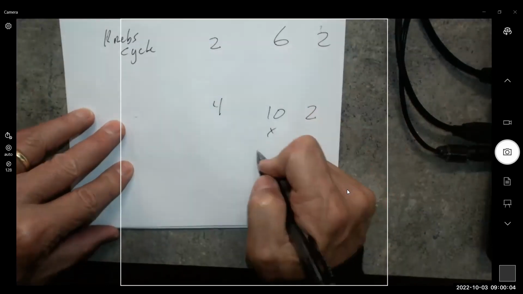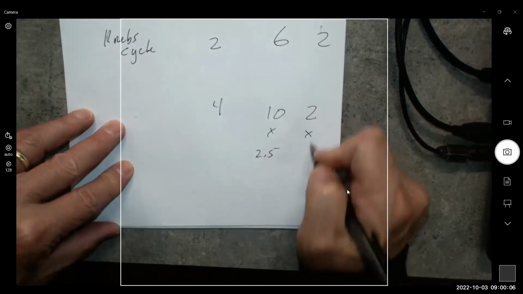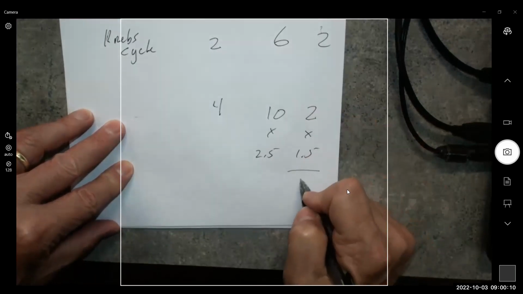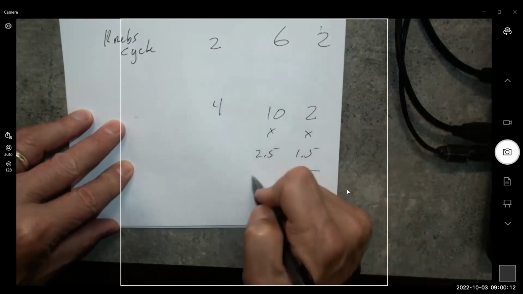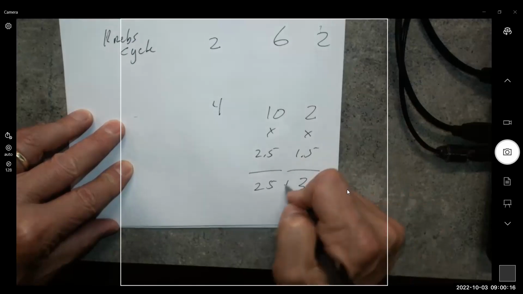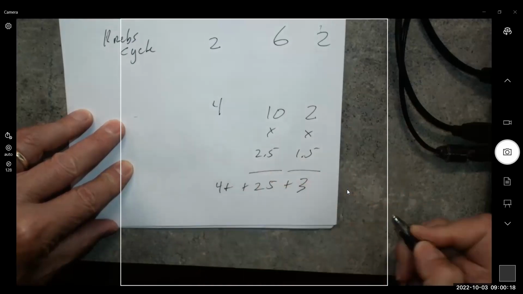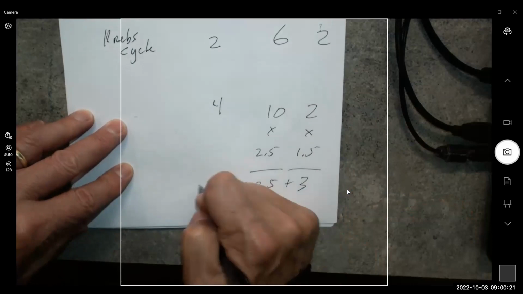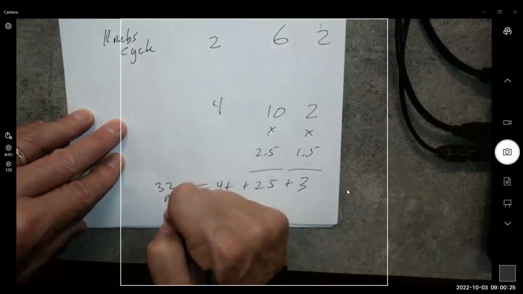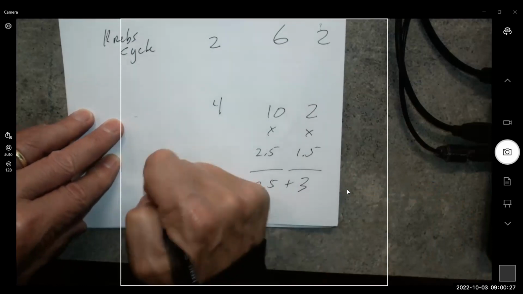You're going to make, so that's going to be what, 3, right? This is going to be 25, right? And if my math is correct, that's 32. You make 32 ATP per glucose.